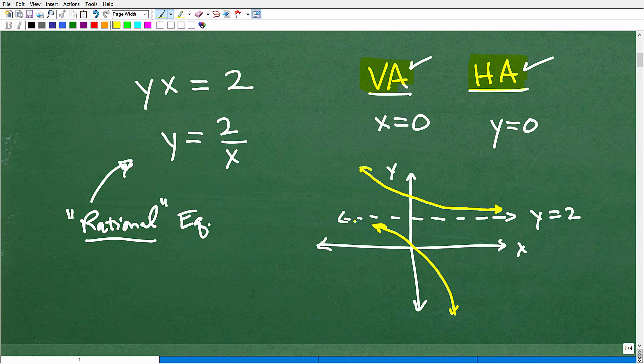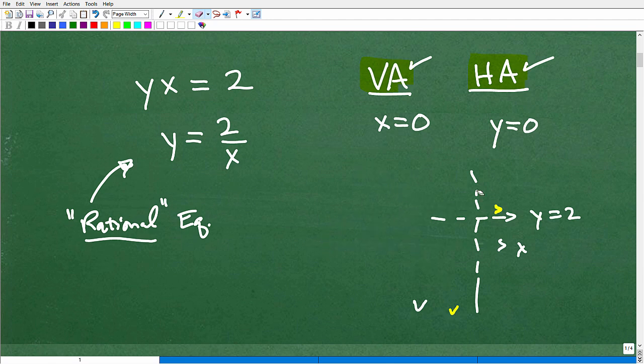So right here, this y equals 2 is a horizontal line, so this would be an example of a horizontal asymptote. A vertical asymptote, of course, would be a vertical boundary like this. Oftentimes, the x and y axis can actually serve as an asymptote as well.